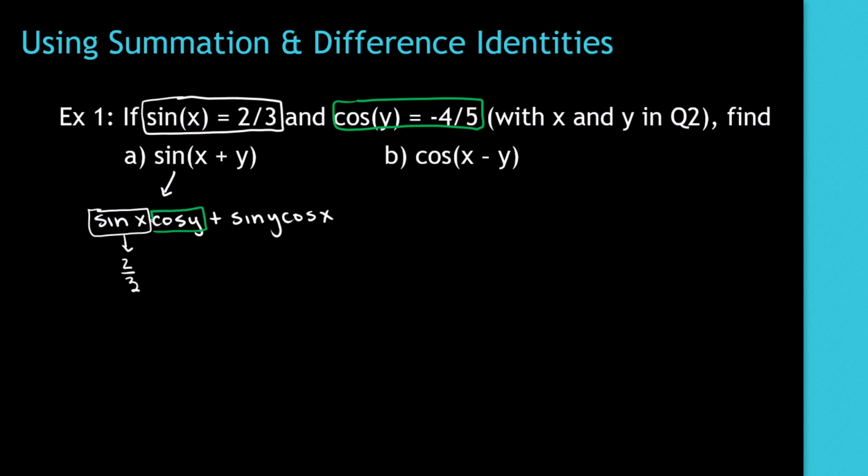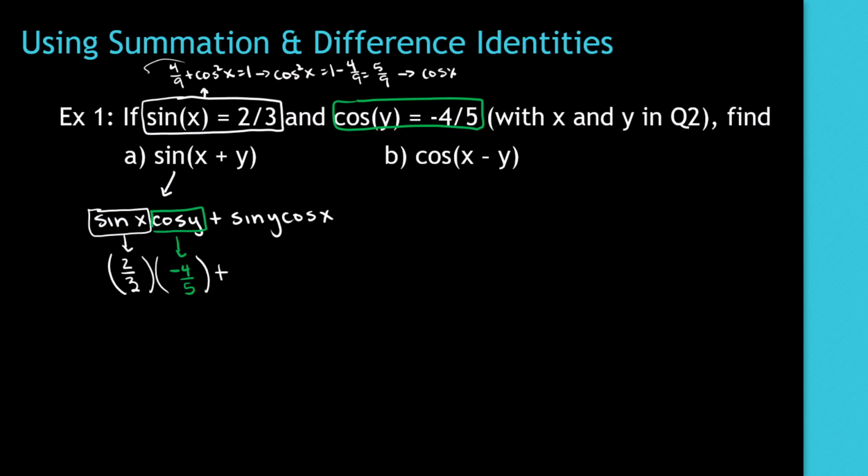So this right here is going to become -4/5. And we're going to multiply those together. Okay. Now I have to find their corresponding sine and cosine values. So let's remember here that I know sine squared plus cosine squared will equal 1. So this is going to tell me that cosine squared of x is 1 minus 4/9, which would be 5/9.